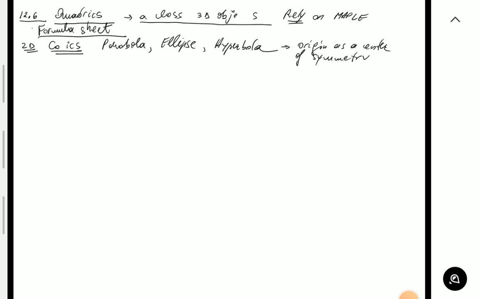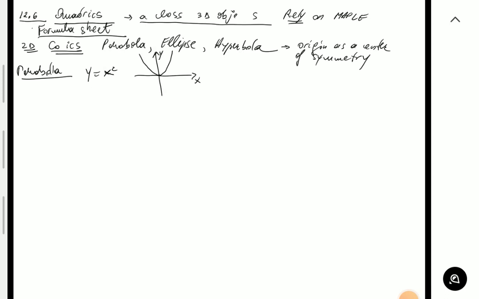For the parabola, we're going to talk about the one that goes along the y-axis. So for the parabola, let's take a look at the equation y equals x squared. This is probably the simplest parabola that you encountered in Calculus 1, going through the origin.